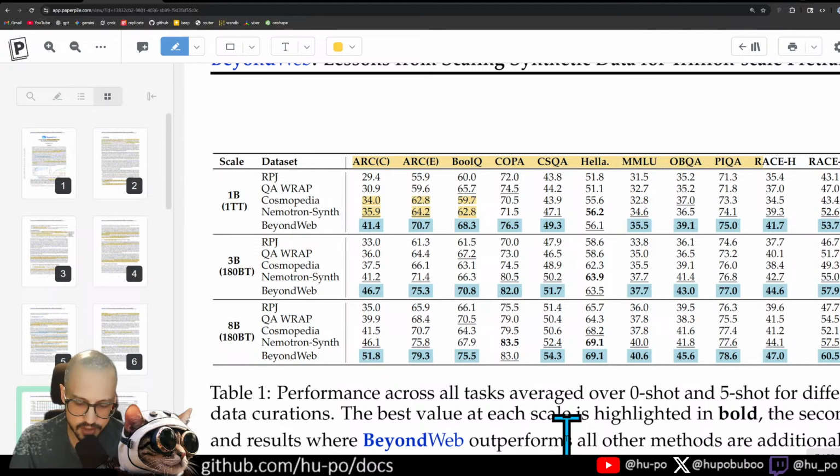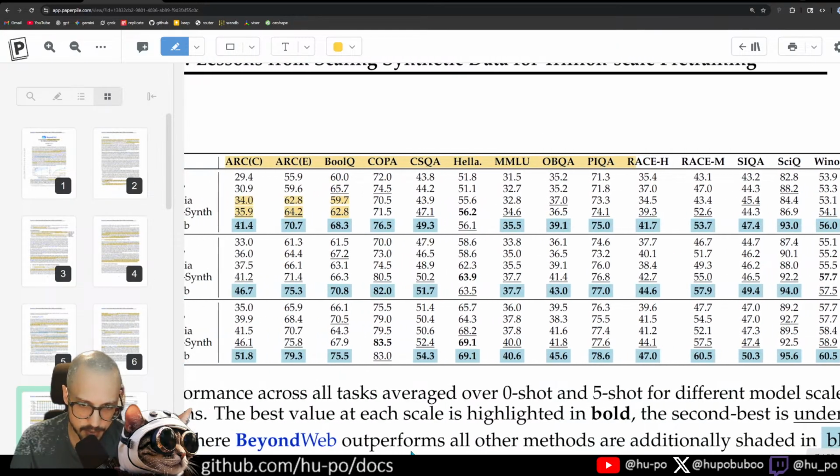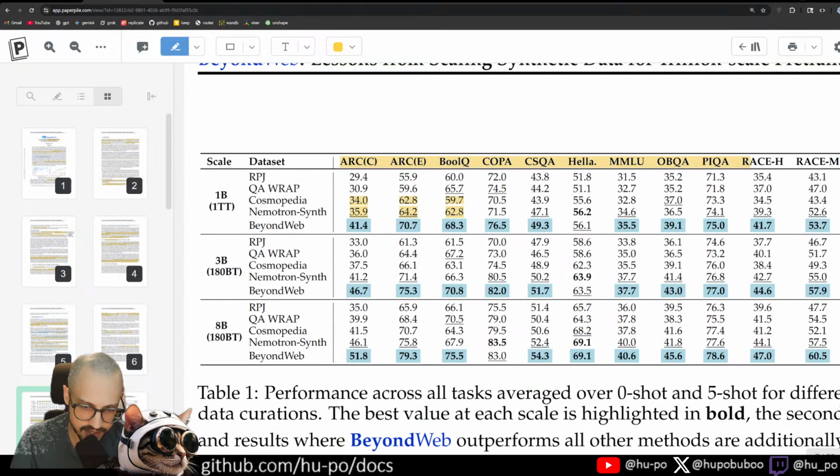If you train your model on that narrow distribution, even though your model performs better on benchmarks related to that distribution, it loses some of its generalization capabilities. So that's why they chose a very wide suite of benchmarks, to show that we're training on this synthetic data, but we're still maintaining the generalization capability of the model, right? It's not like we're just pigeonholing it into one specific task.